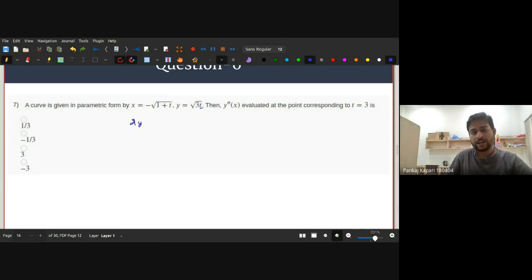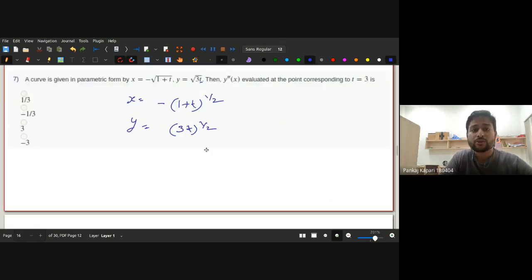So if you find dy over dt and dx over dt, let's first find dy over dt. You can see that both of these are given as square root functions. So x is just negative of (1 plus t) to the power half, and y is just (3t) to the power half.